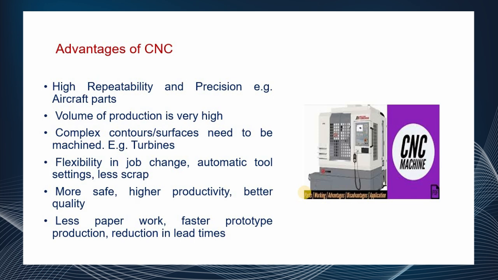There is flexibility in job change, automatic tool settings, and less scrap, so jobs and tools can be changed frequently and automatically. It is safer for operators and programmers, produces high productivity and better quality, means less paperwork, faster prototype production, reduction in lead times, and reduced manufacturing time.